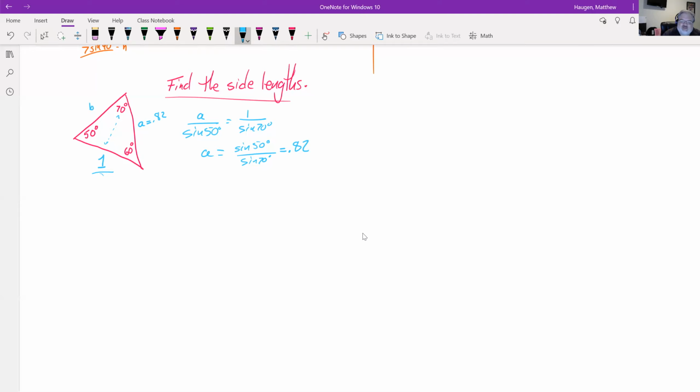To then find the other side, same basic tool. So that B in ratio to the sine 60 degrees is going to equal that same 1 over the sine 70 degrees. And B will be that ratio between the sine of 60 degrees and the sine of 70 degrees.